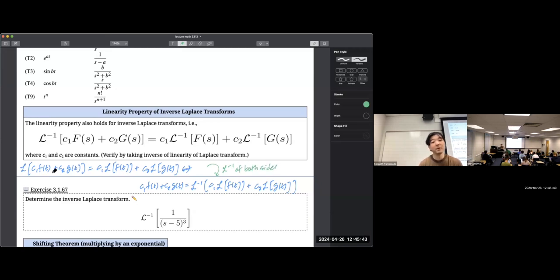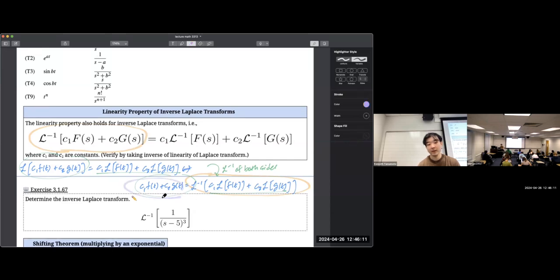If you took the inverse Laplace transform of this right here, those cancel, and you're just left with this. This side, I just copied it completely. This thing is the same as this, the whole thing, but with the inverse Laplace transform written in front of it.